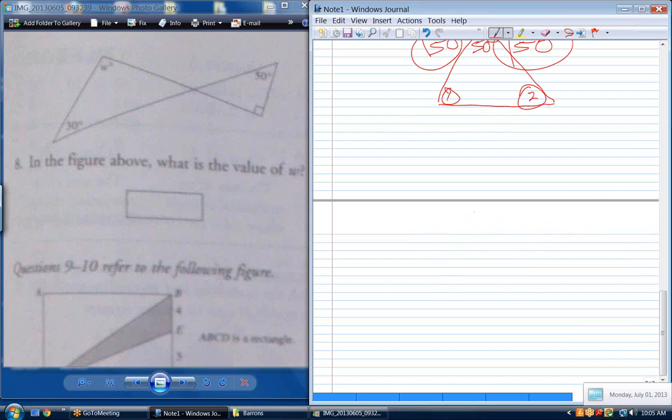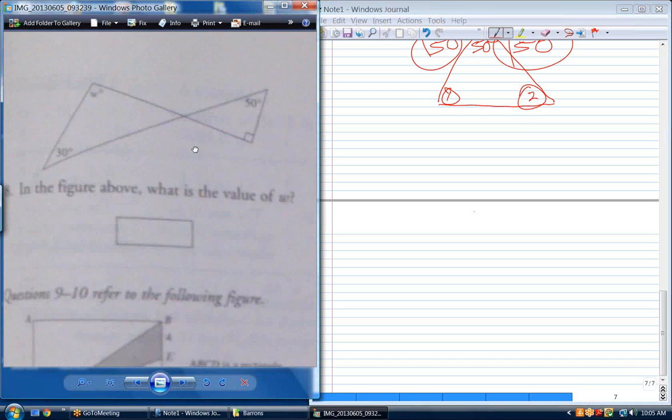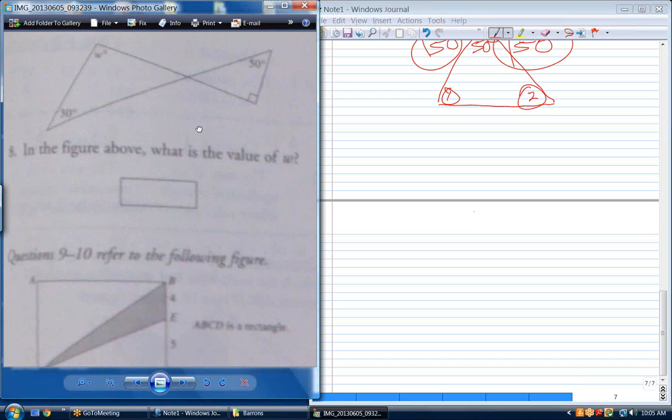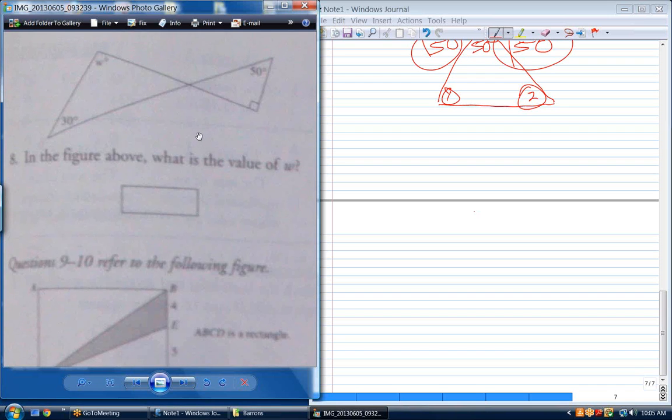In the figure above, what is the measurement of angle W? We have no information. None of these are parallel. This is just another geometry problem where you have to fill in as much information as you know and go from there.